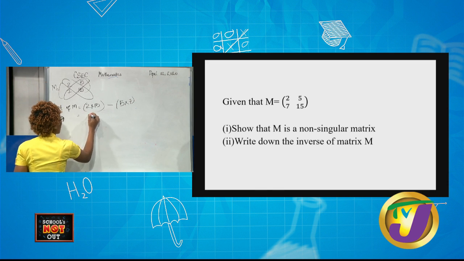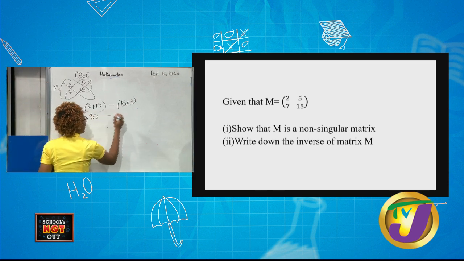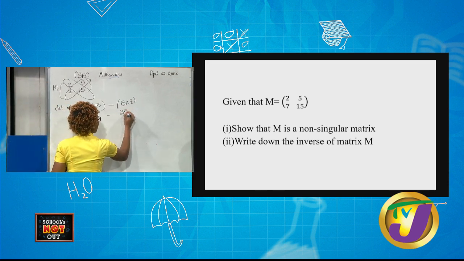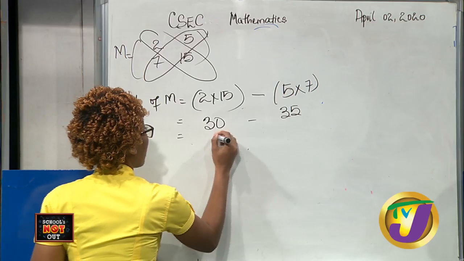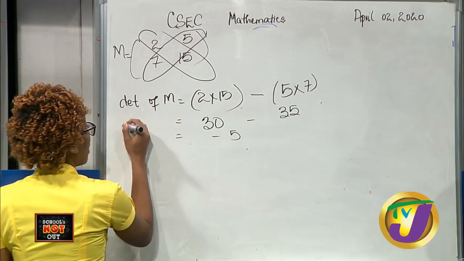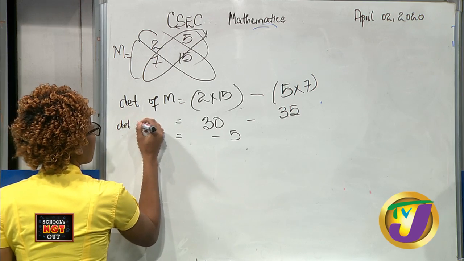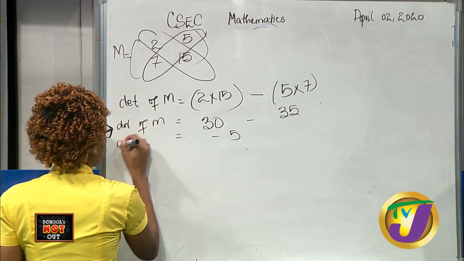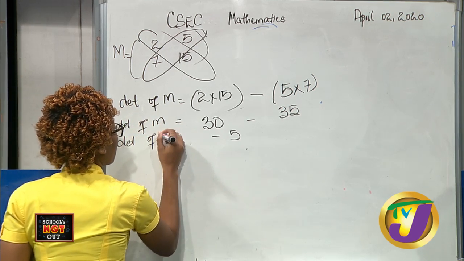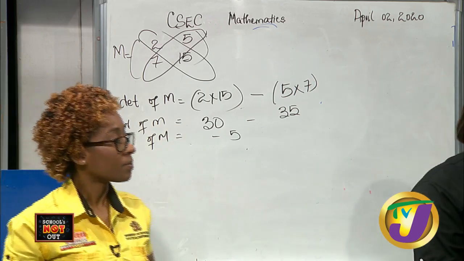So here I would have 30 take away 35, which leaves me with -5. So my determinant is -5.